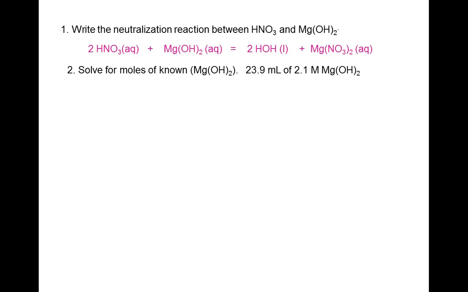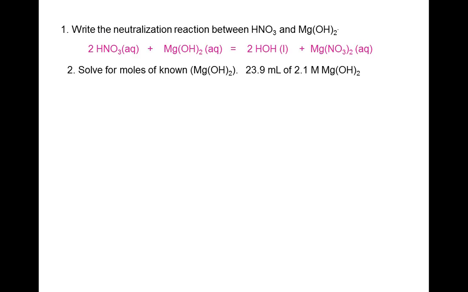Remember, we use milliliter quantities in the lab, but in our molarity equation, we need to first convert into liters. So I'm going to pause again and let you set up the molarity equation. Remember, molarity equals moles over liters. Watch your sig figs when you're done as well.